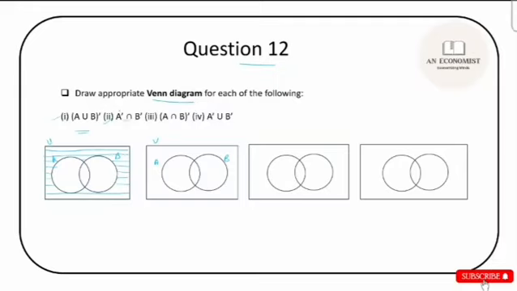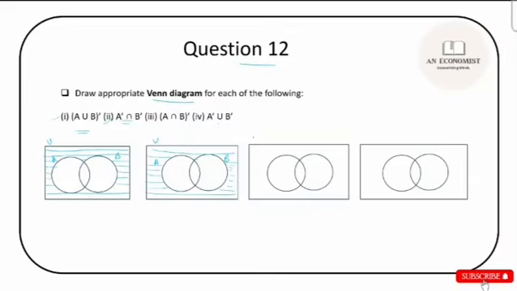Now if you see this, it will be the same thing, but just to verify, A complement is everything except the set A, B complement is everything except the set B, and if you take intersection, it will be the same thing once again. So let me just do this. It will be everything except the two circles.